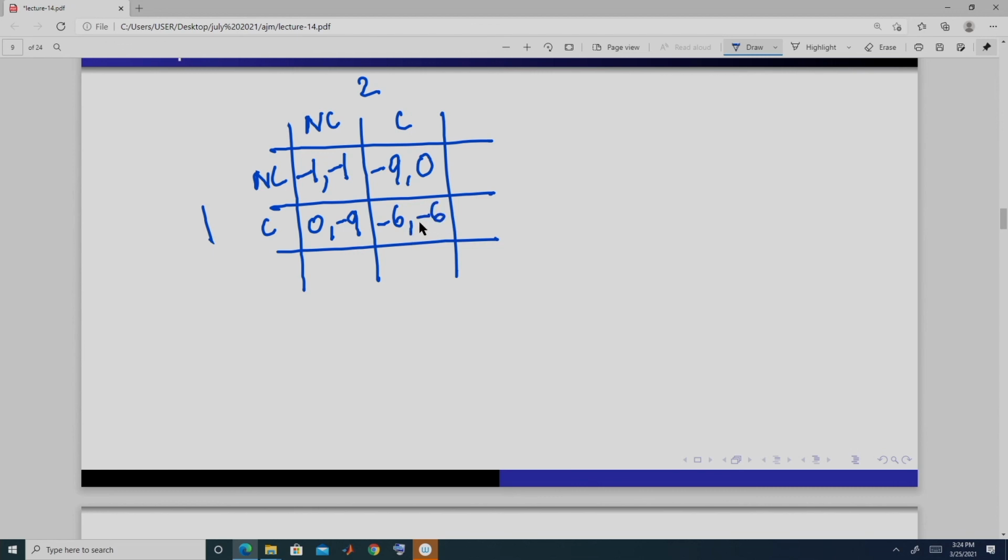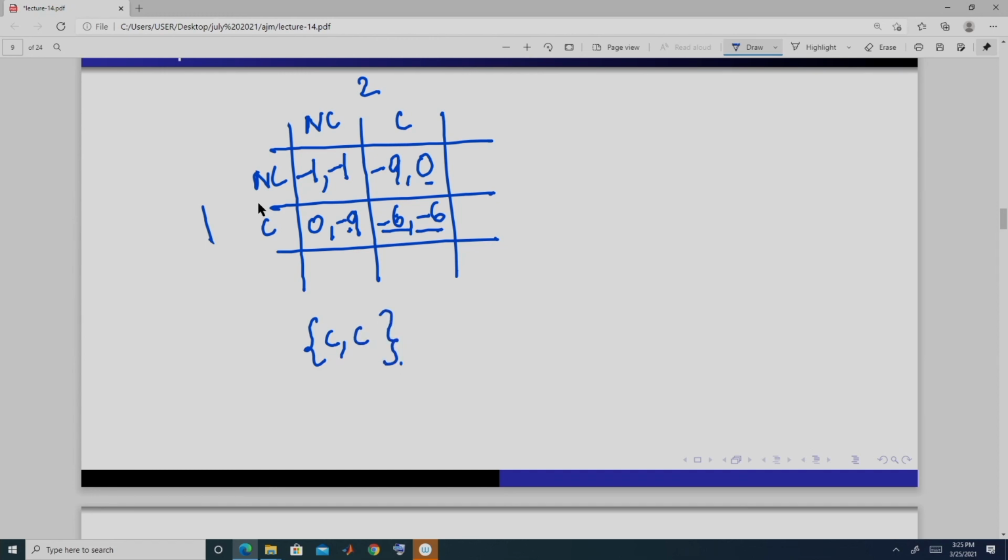Now, if player 1 chooses NC, that is not confess, then player 2 will compare -1 and 0. 0 is greater, so it is going to choose C. When player 2 chooses C, player 1 will compare -9 and -6, because if it chooses NC, it will get -9, and if it chooses C, it will get -6. So it will choose C. So this is a Nash equilibrium, and one Nash equilibrium is this.